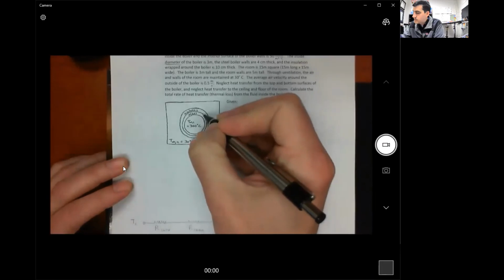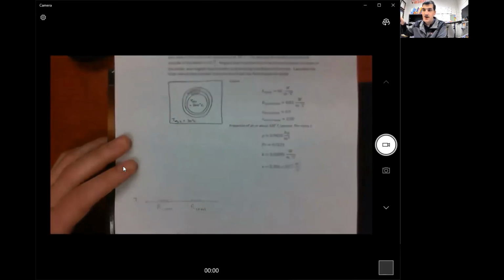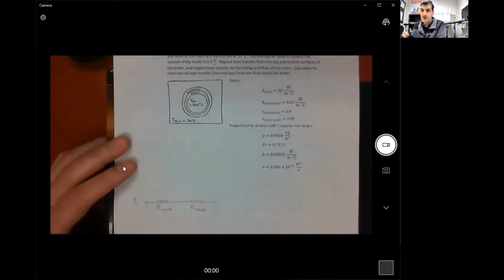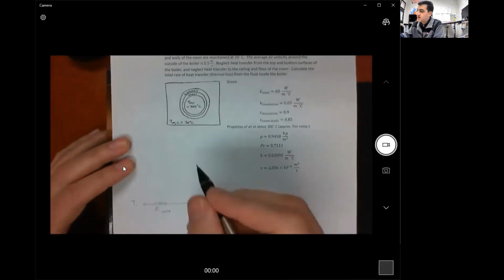So that gets us through the steel. And remember, for this one, you're going to have the thermal resistance is equal to the natural log of R2 divided by R1. Remember, those are radii, not diameters. So calculate those radii. Natural log of R2 divided by R1 divided by 2 pi L k, where L is the height of the boiler in this case, and k is the thermal conductivity of the steel in this case.